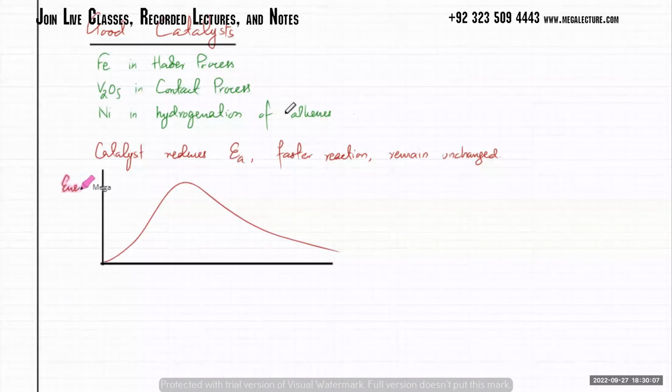So this is the axis where you have all the energy, and this is the place where you have the number of particles, or the percentage or proportion of particles.